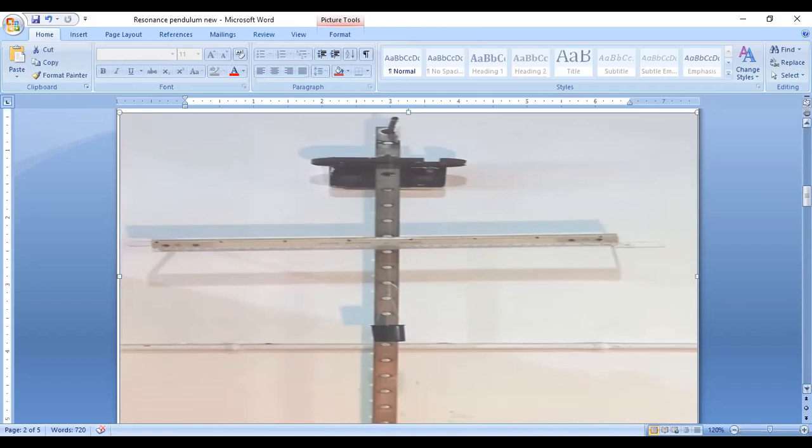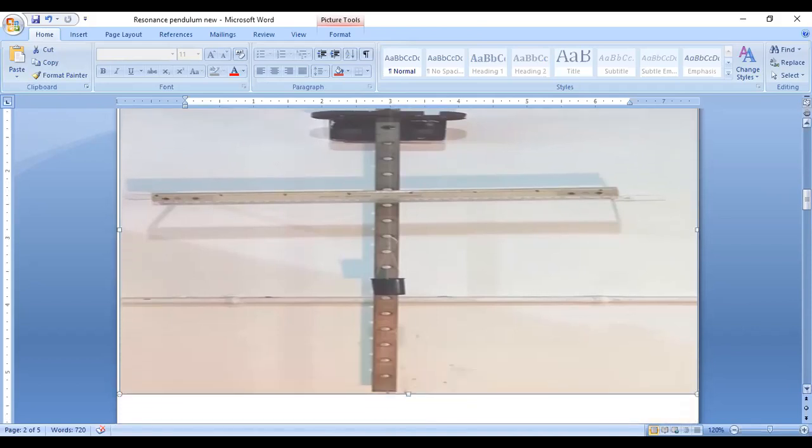So what I will do first, when you start the experiment, it is better to find out the resonance length. The resonance length of the pendulum is the length at which the periodic time of the simple pendulum is equal to the periodic time of the bar pendulum.